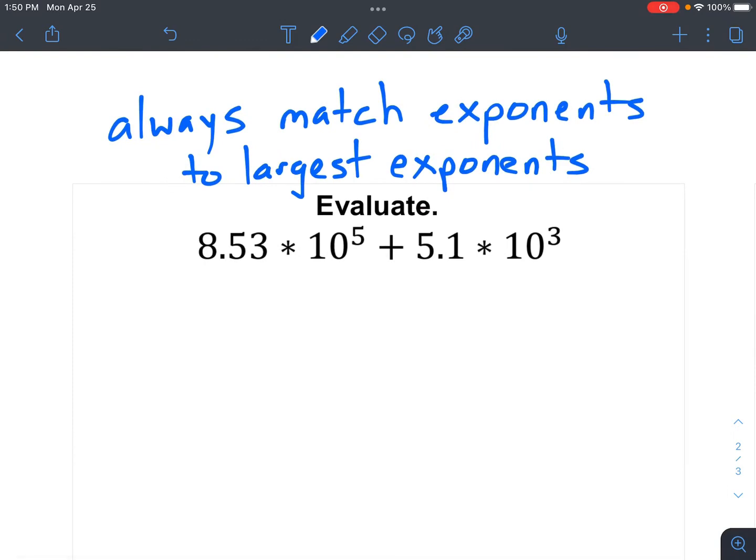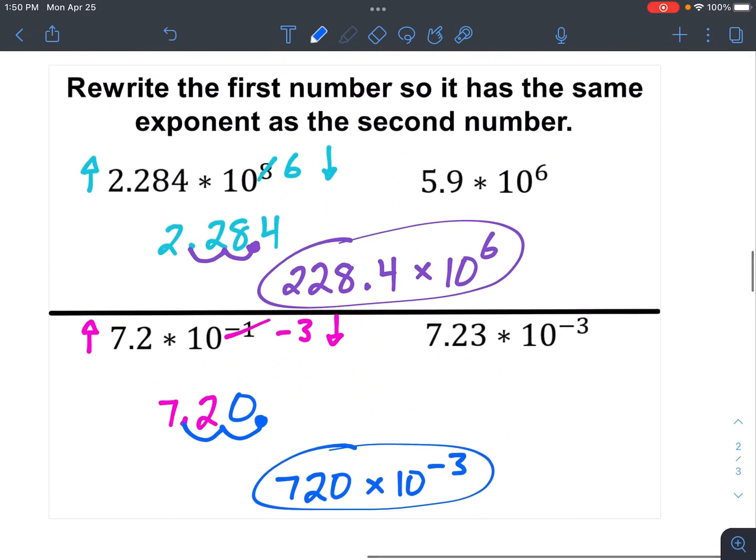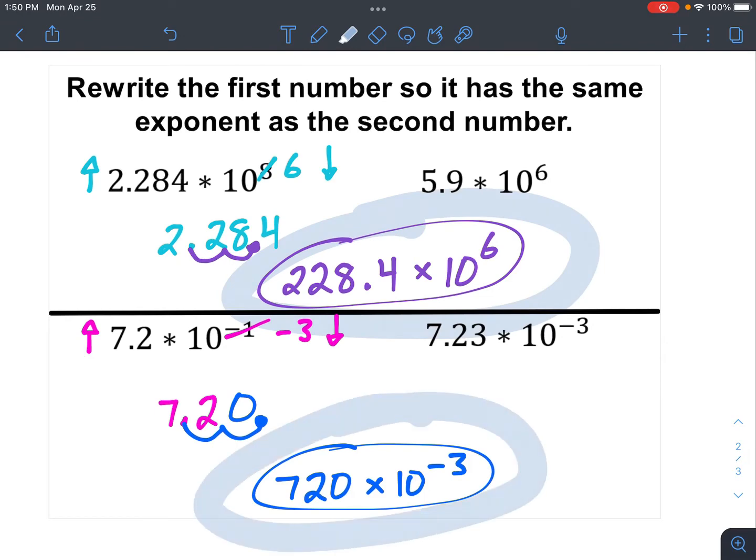And if you're wondering why that matters, let's go back to one of the problems we already solved. Let's take both of these, to be honest. If you look at our answers, 228.4 and 720, both of those are numbers that are not in scientific notation. And you might be wondering, what's the big deal?